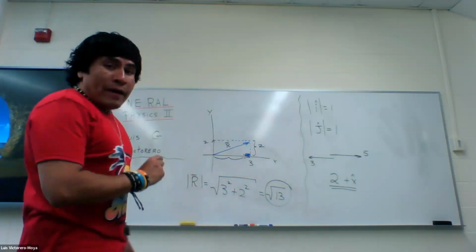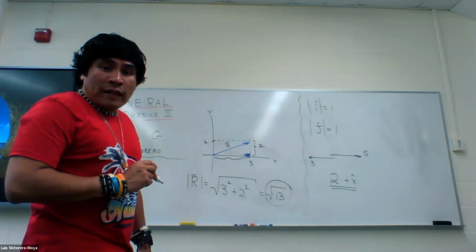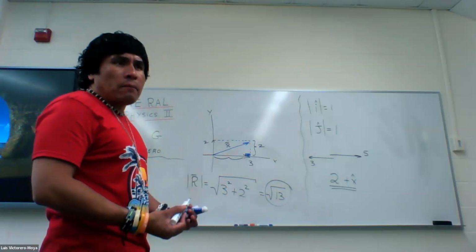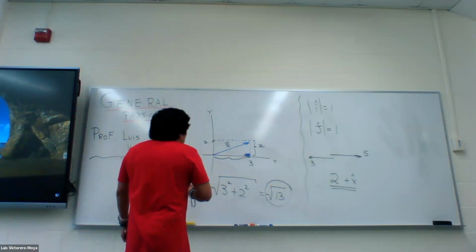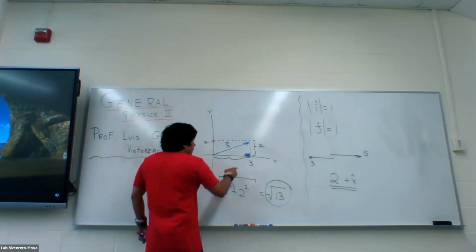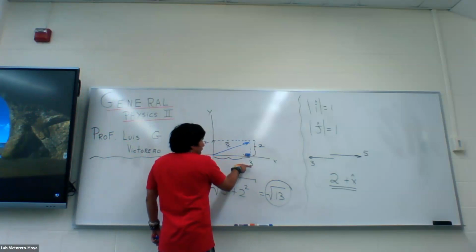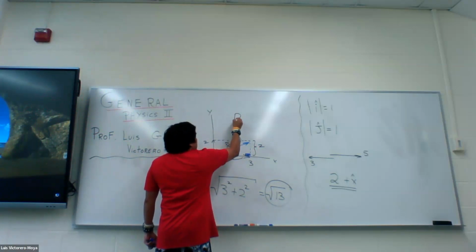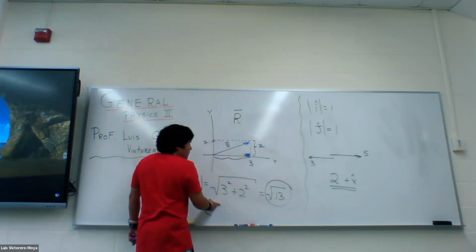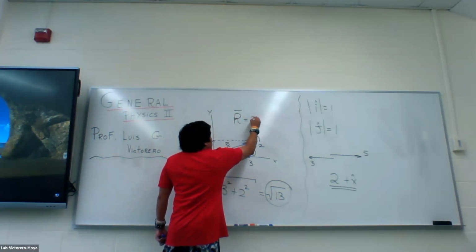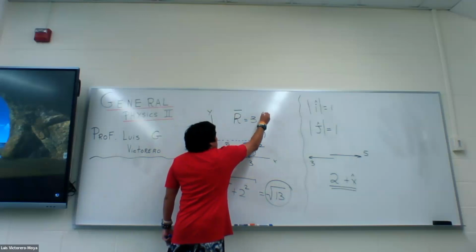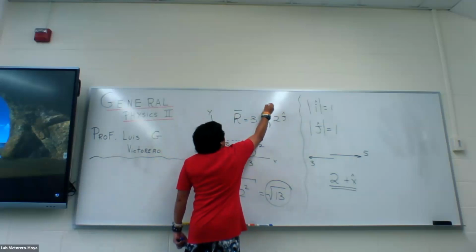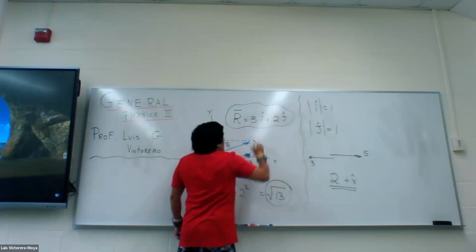Can I have a vector answer for that question? Or what will be the vector sum? Well, we have to use the components, right? The component on x is 3, on y is 2. So the vector r, make sure you're taking note of this, is 3i plus 2j. See?